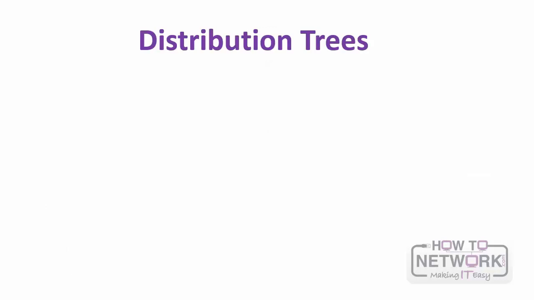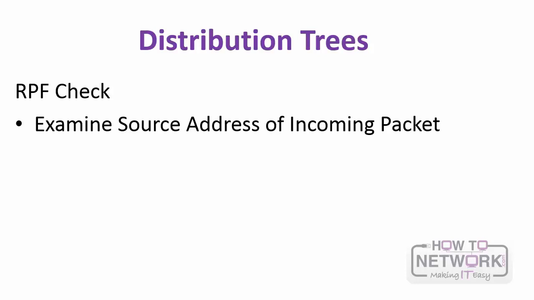If you're going to effectively troubleshoot video, you need to understand the concept of distribution trees. To combat the issue of receiving duplicate packets, Cisco routers perform a reverse path forwarding check to determine if a multicast packet is entering a router on the appropriate interface.